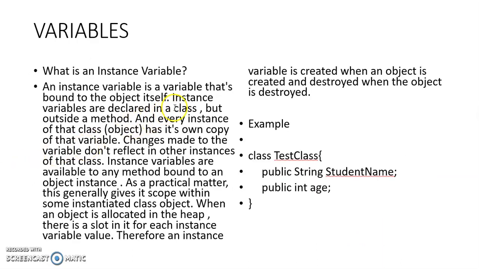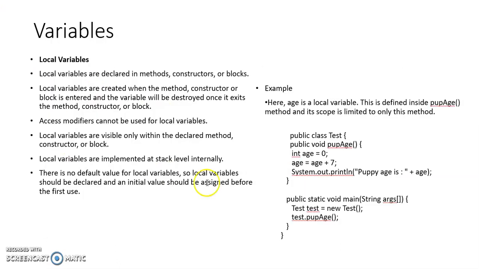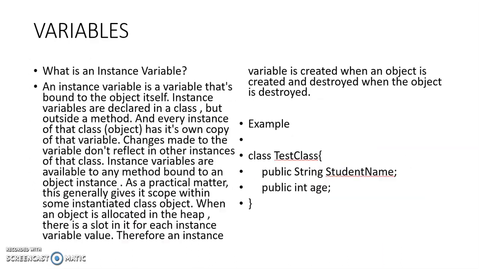Now, an instance variable is a different concept. An instance variable is a variable that is bound to the object itself. It is declared inside the class, not inside a function. In the previous case, you had seen that this age is a variable that is declared within this function called pupAge. But here it is declared within the class, which means any function can use it, or rather any object that belongs to this class can access this instance variable.